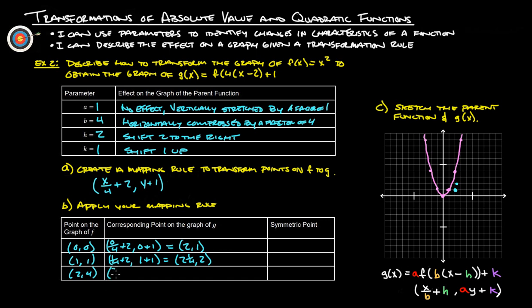And then we're going to take 2 divided by 4 plus 2, and 4 plus 1 because our y is 4 here, and that gives us 2 1/2 and 5. So we go over to 2 1/2 and up to 5, so that's about right here. So it's going up pretty quick here. Okay, and then it's just going to mirror image. Okay, I didn't do the best job of that there.